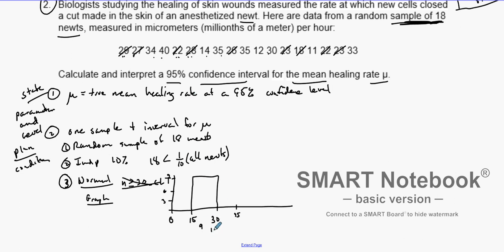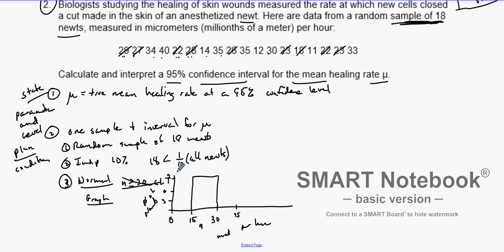Number of newts. This is actually per hour, in micrometers. So this is the number of newts, and this is my micrometers per hour.